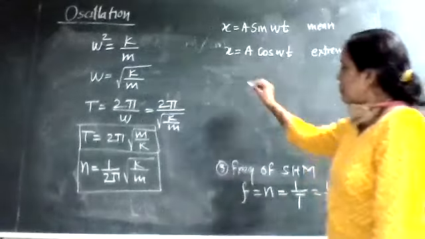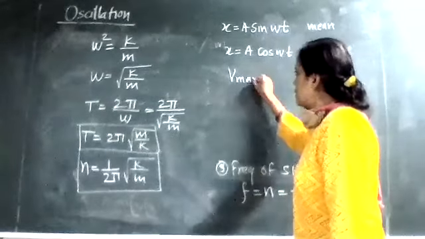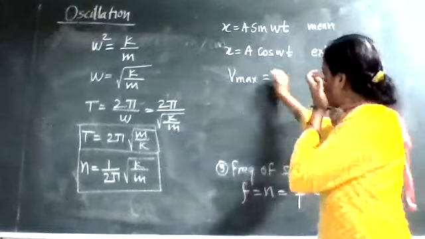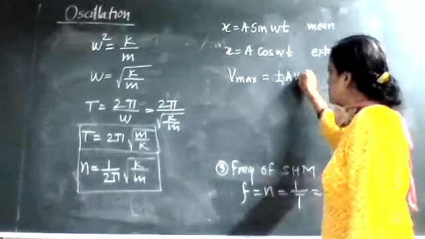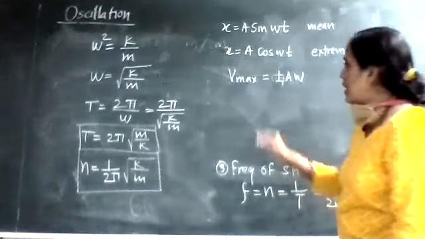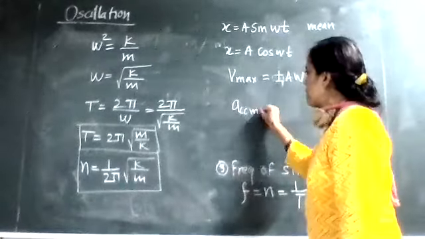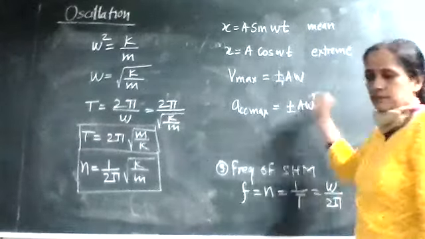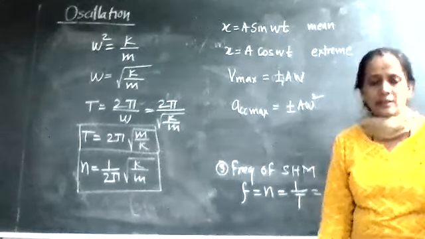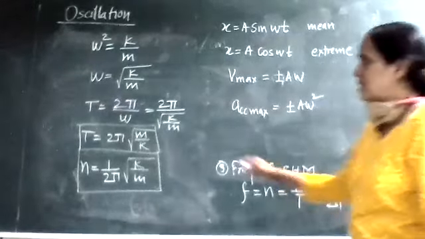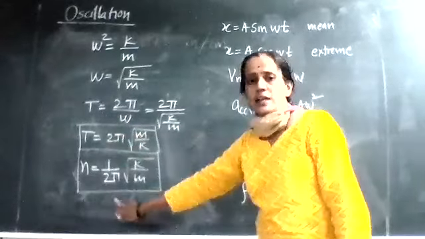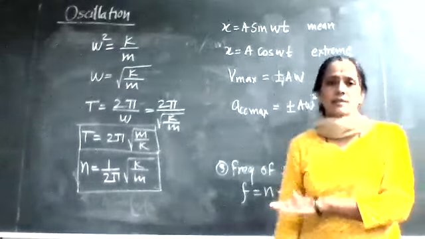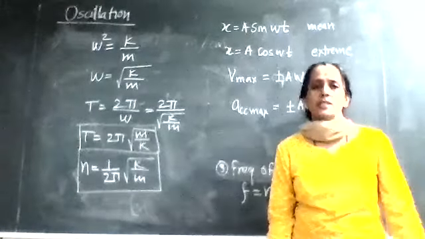Then Vmax, equal to plus or minus a omega. Then maximum acceleration, equal to plus or minus a omega squared. After that, the period formula and frequency formula. So these 6 formulas are the key points of today's lecture.